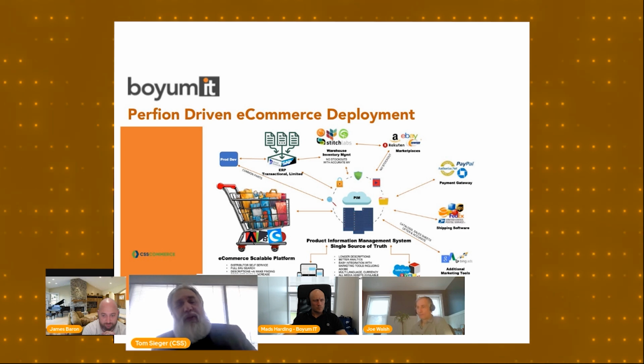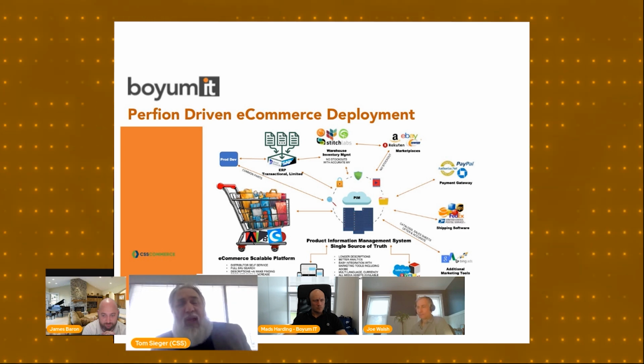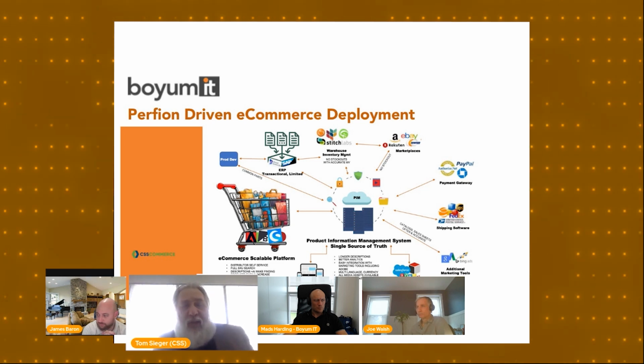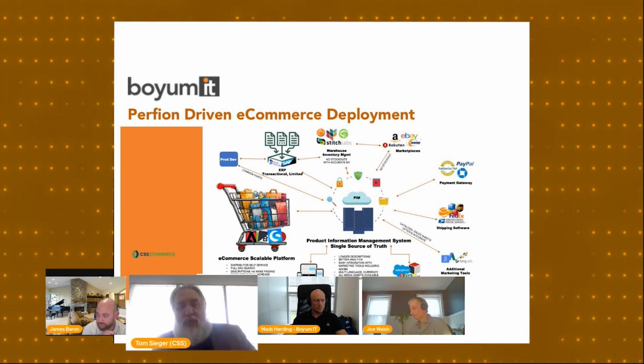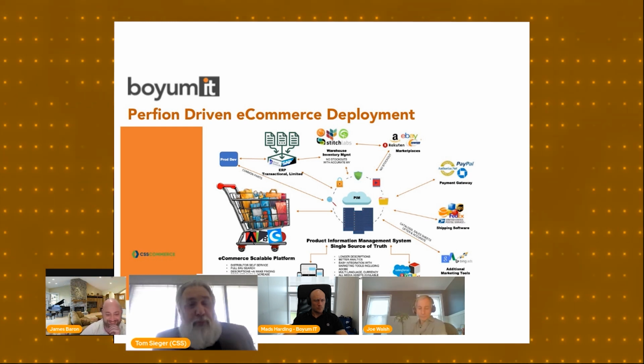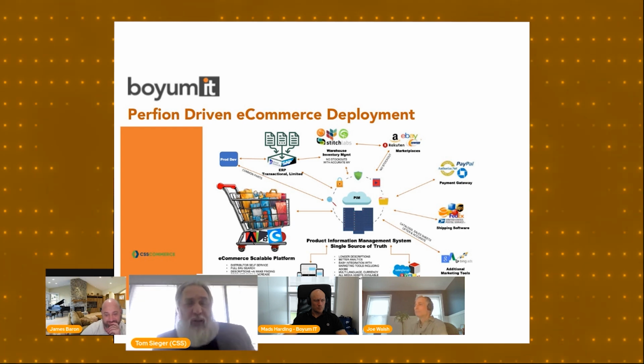It also gives you the ability to build a digital asset management system where you can, within that same PIM, apply the digital assets that you may have, whether those are pictures, videos, spec sheets, or instructions on how to use a particular product.